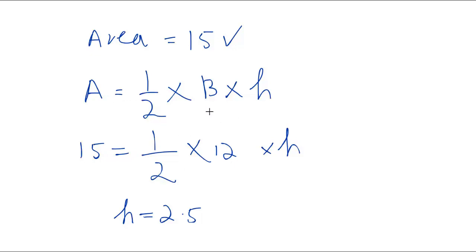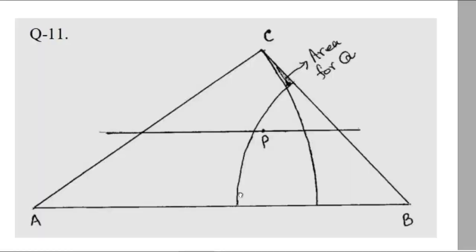The base is 12 and this will give us H as 2.5 centimeters. So the height of that triangle will be 2.5 centimeters, which we have already drawn in our previous part of the question. This is the parallel line which is 2.5 centimeters away from line AB.